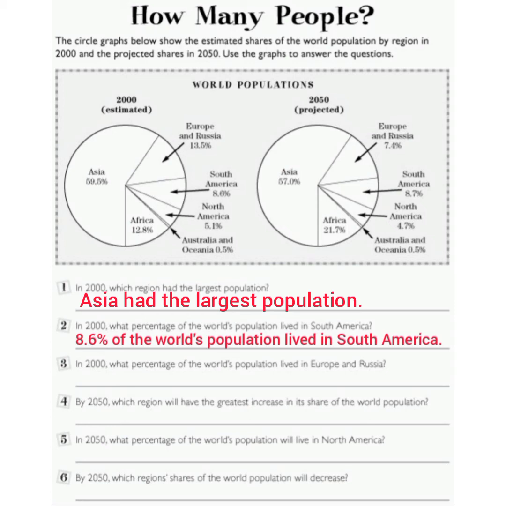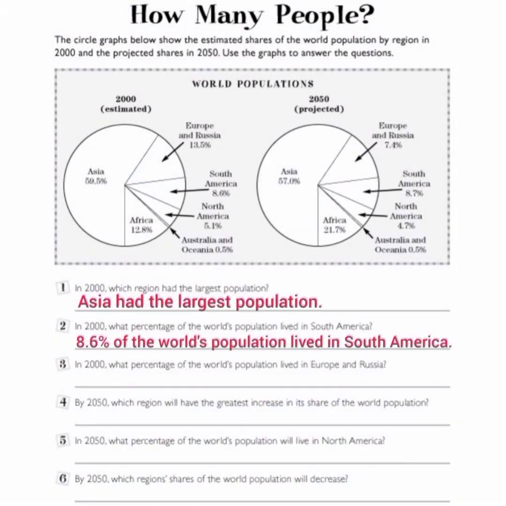Number three, in 2000, what percentage of the world's population lived in Europe and Russia? So again, looking at the 2000 circle graph, we want to see what was the percentage of the world's population that lived in Europe and Russia.